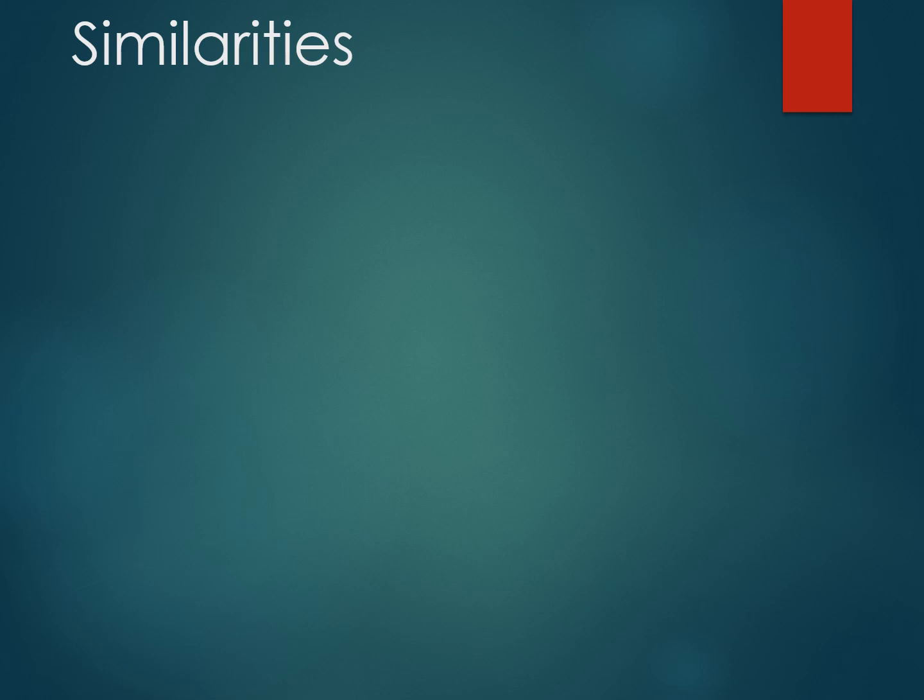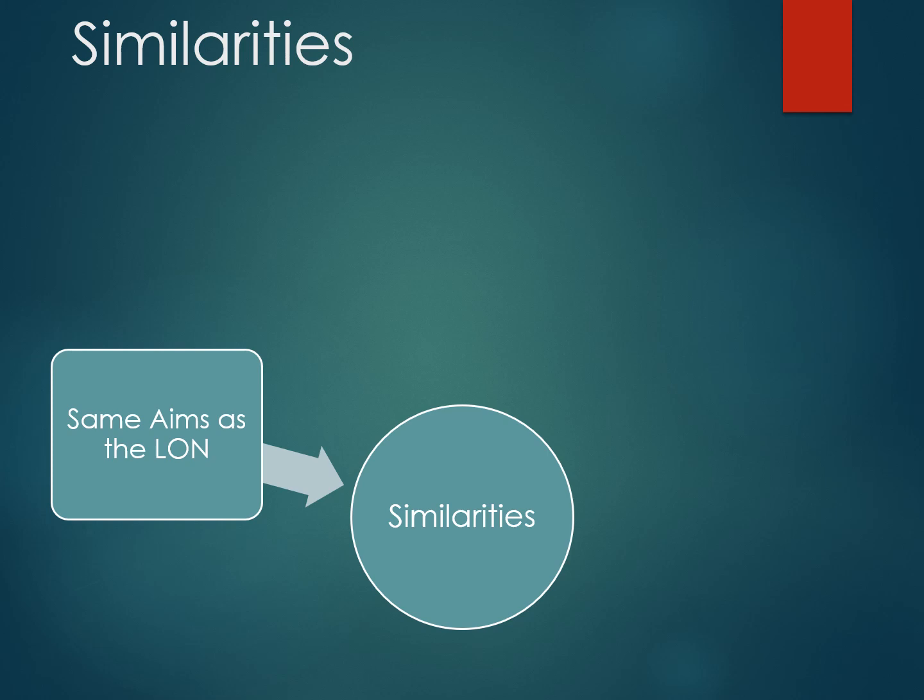So let's quickly recap the similarities between the League and the United Nations. The first thing, of course, is that they had very similar aims: collective security, peacekeeping, diplomacy, trying to resolve misunderstandings, increasing international cooperation, and disarmament.